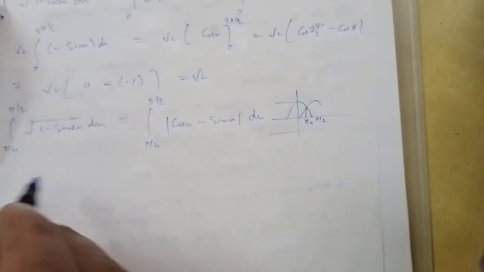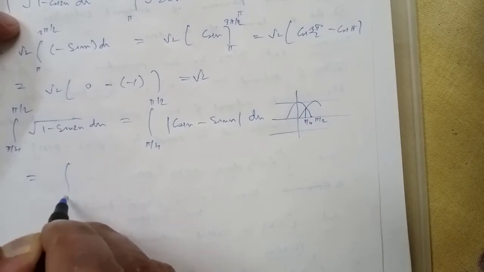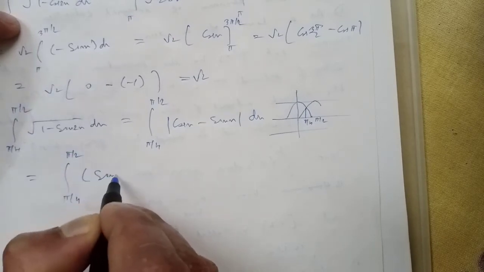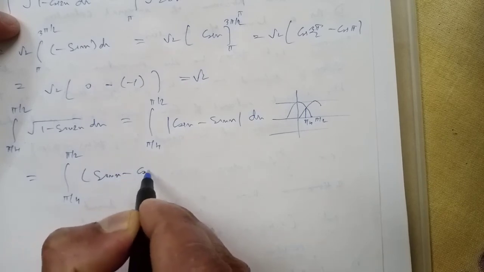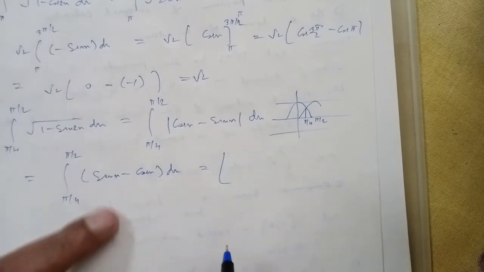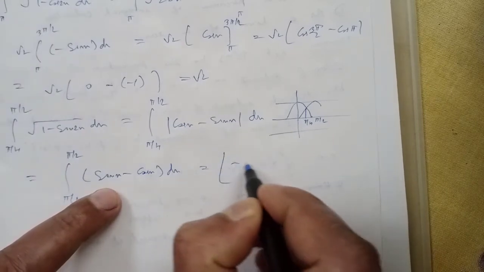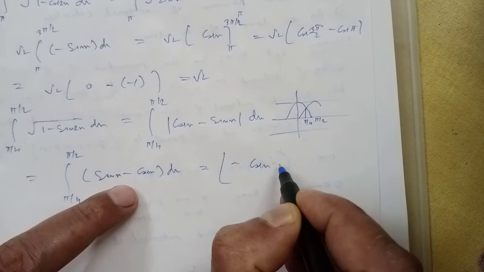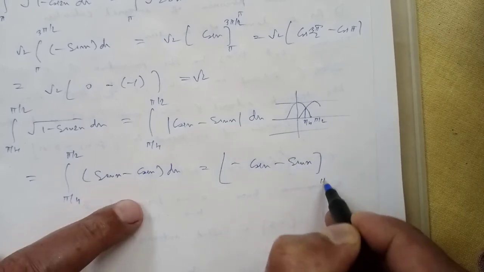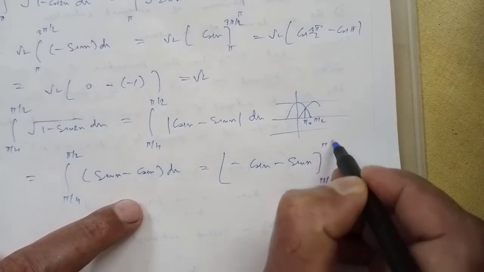Okay, so here we will get ultimately the integral from pi by 4 to pi by 2 of sin x minus cos x dx. Now the integral of sin x is minus cos x and the integral of cos x is sin x, from pi by 4 to pi by 2.